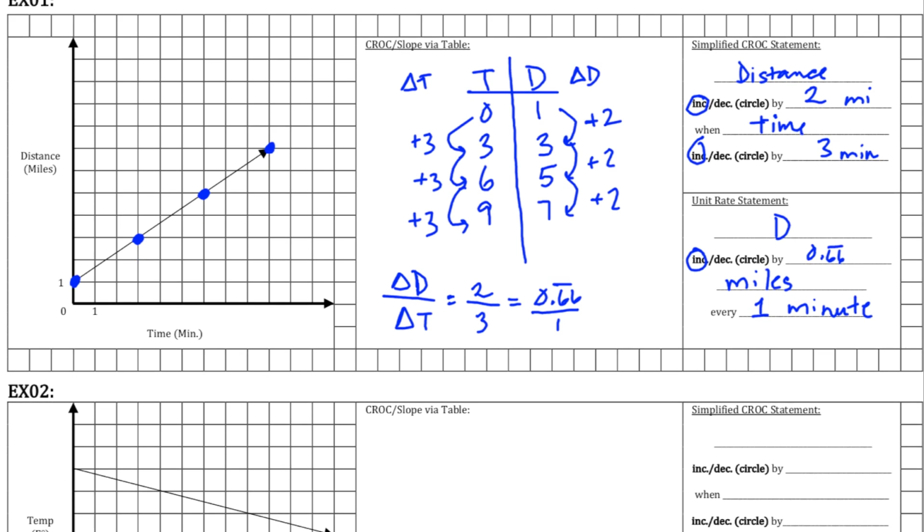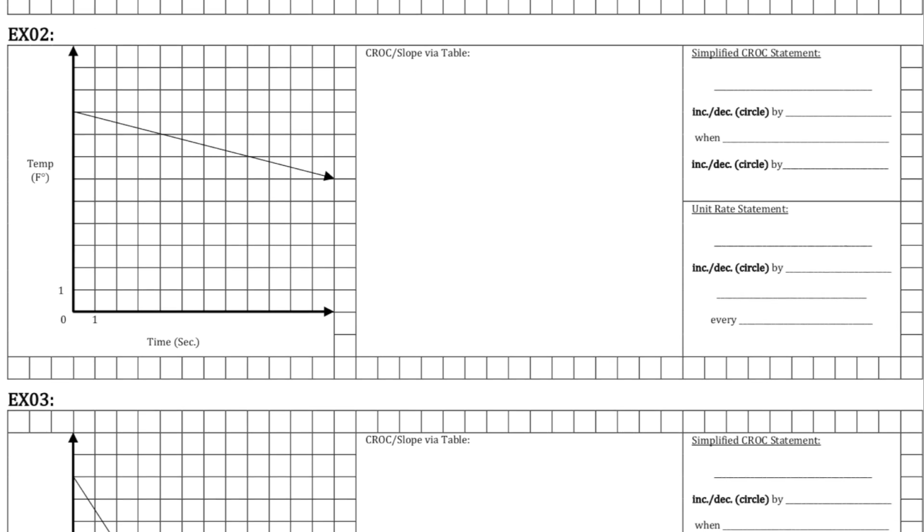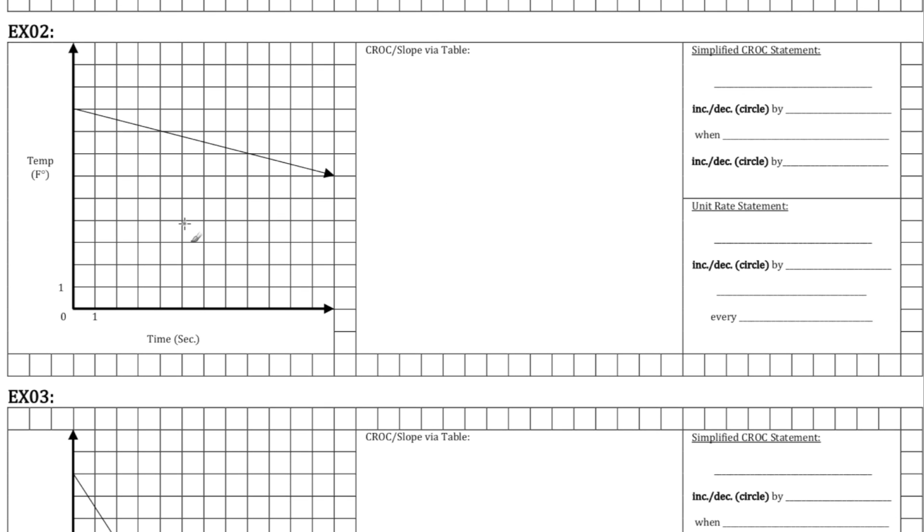All right, let's do the next one. So we have temperature, we have time. So let's make a table to figure out what the constant rate of change is.